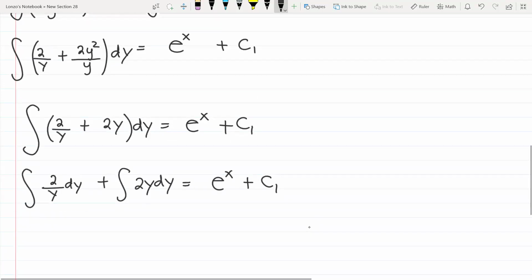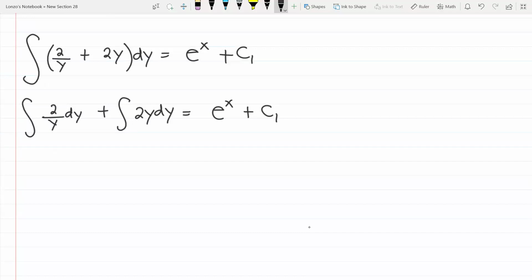What's the integration of 2/y dy? Well, 2 is a constant, so take it out: 2 times the integral of 1/y dy. We know that the integration of 1/y is the ln of the absolute value of y, and then bring down this 2. Plus, what is the integration of 2y dy?